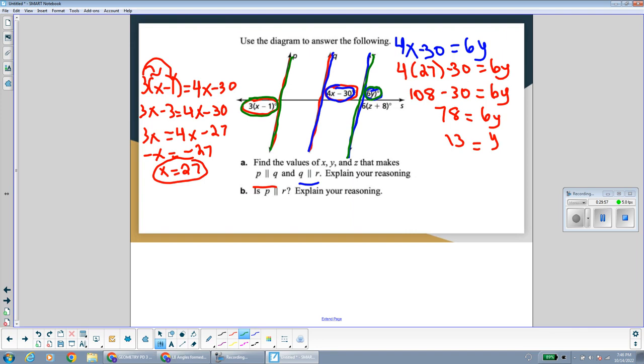Since we want to show the lines are parallel, let's make these angles equal to each other to see what the values of the variables would be to make the lines parallel. So once again, I'm going to take the 3(x minus 1) and set it equal to 6y. We already know what our value of x is, so I'm going to plug that in.